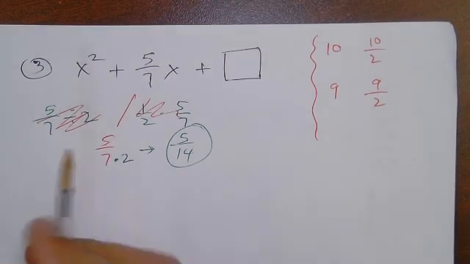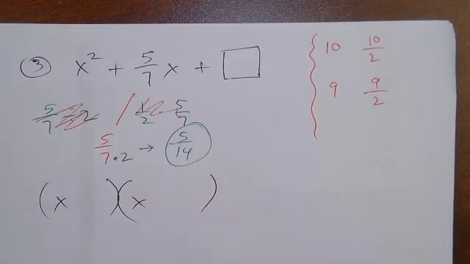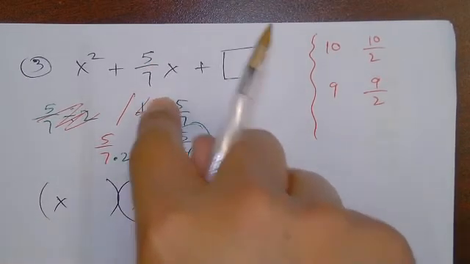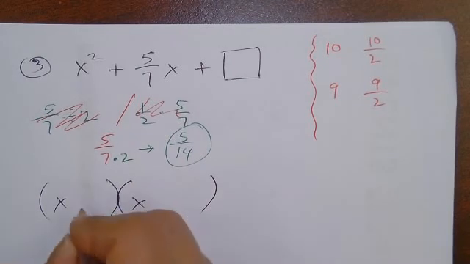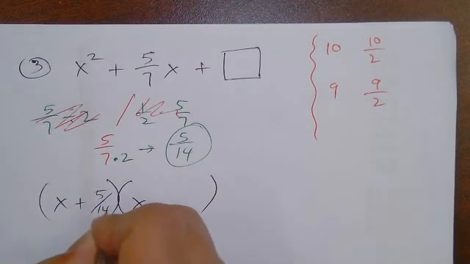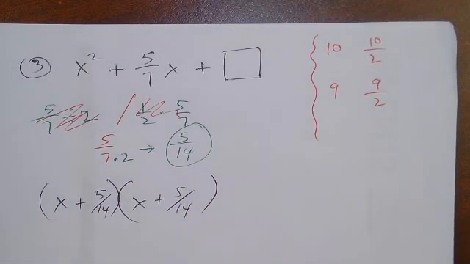That was the hardest part, and all 3 of you did that. And this is what you did next. Isn't that the number that goes in the parentheses? Yes, x. Half of 5/7 is 5/14. Doesn't that go here and here? Yeah.